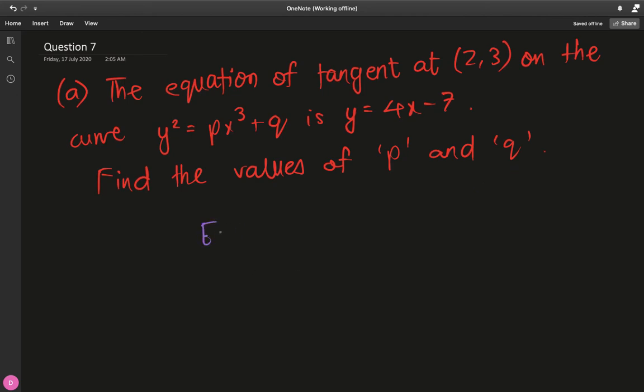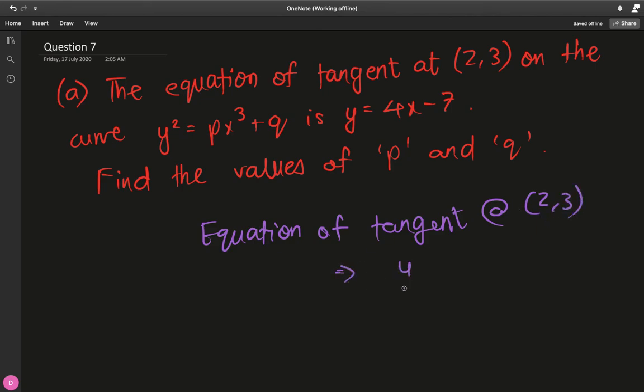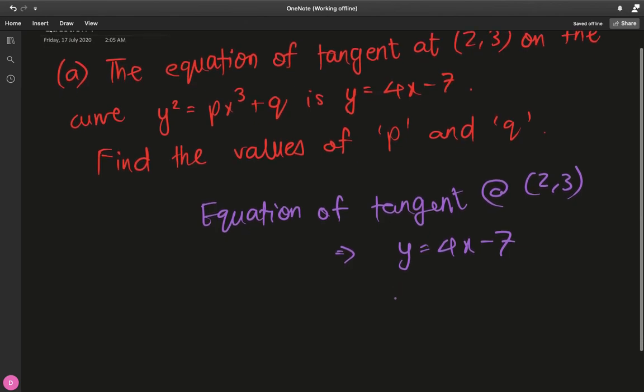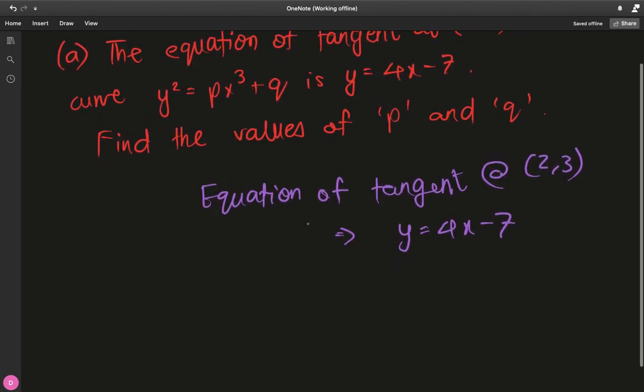So we know the equation of tangent at (2, 3) is going to be y equals 4x minus 7. And the tangent is tangent to a point on this curve y squared equals px cubed plus q.